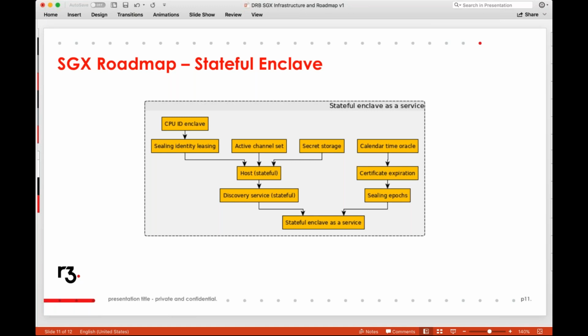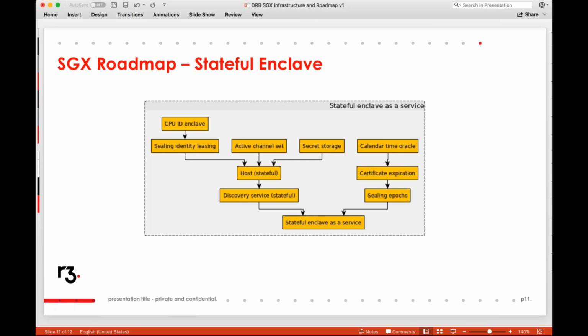But we can do a little trick. For example, let's take the stateful example of encryption, like redundant encryption. We have a shared key that's shared between enclaves, and we want to make sure that if you spin up a new host, it will be provisioned at some point. So what happens if you route the request to this newly spun up host on a new CPU that doesn't have the key provisioned yet?